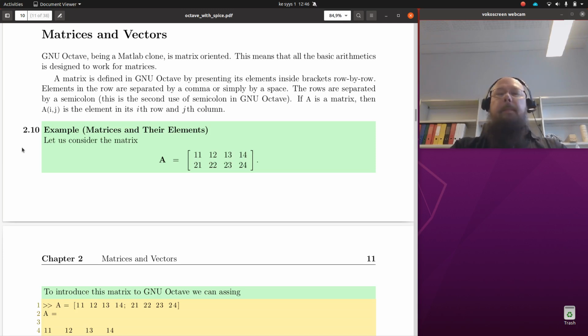Let's have a very straightforward example 2.10 about matrices and their elements. In this example we consider, just for fun, I hope you have fun with this, matrix A. Again, in mathematical notation it's usually boldface capital A, and it's defined like this.